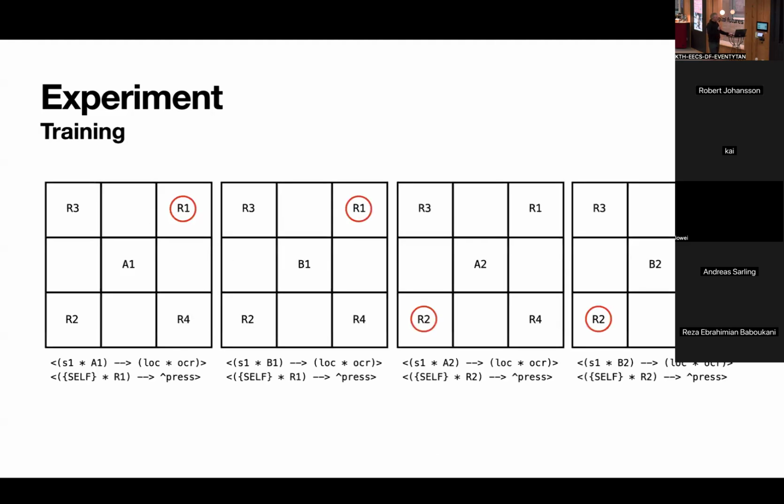And test a generalization. So here is how it's described with NARS. With A1 and B1, we train the same response, R1, and with A2 and B2, we train the same response, R2. Can the system then do any derivations based on the relation between A1 and B1 and A2 and B2?